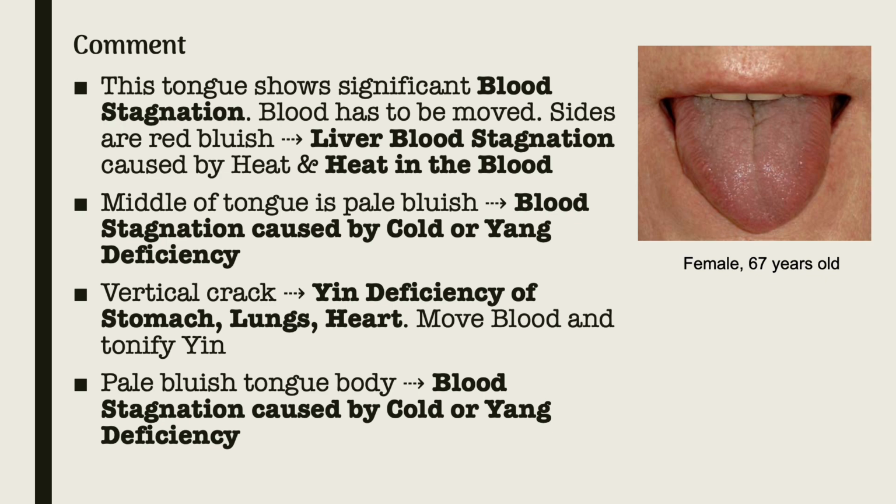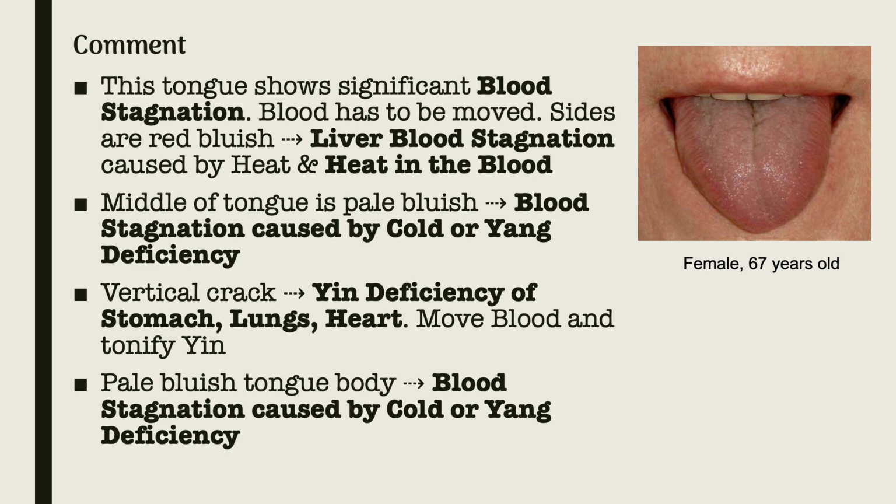The sides of the tongue are red-bluish, which indicates that liver blood stagnation is caused by heat, and there is heat in the blood. The middle of the tongue is pale bluish. This indicates blood stagnation caused by cold or yang deficiency. The presence of a vertical crack tells us that there is yin deficiency.